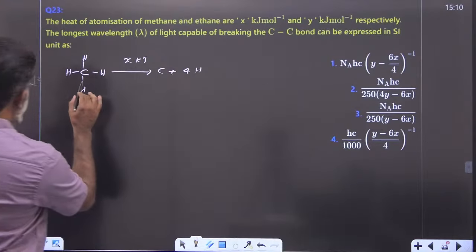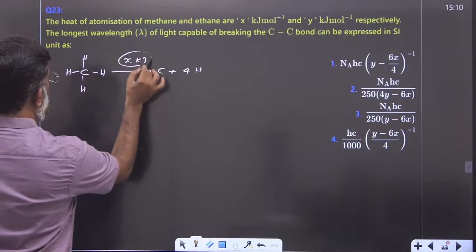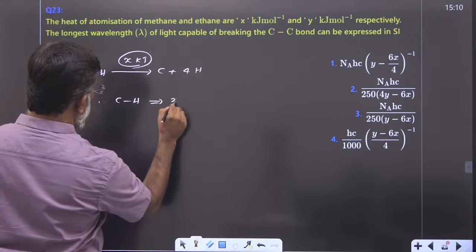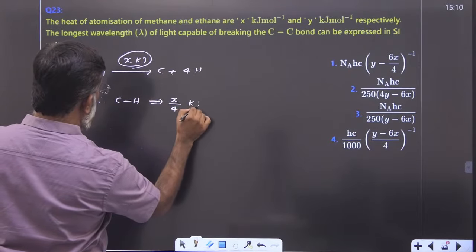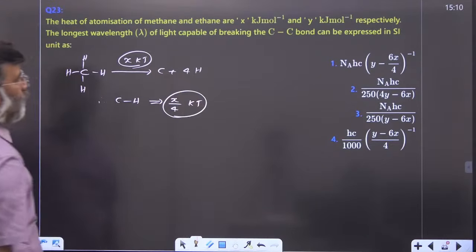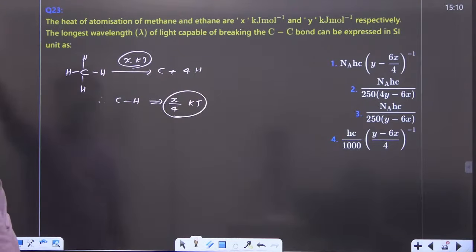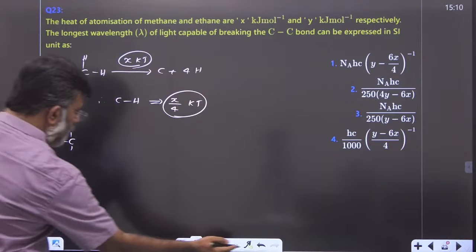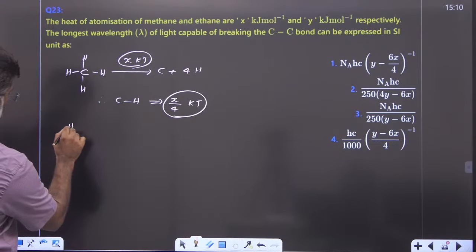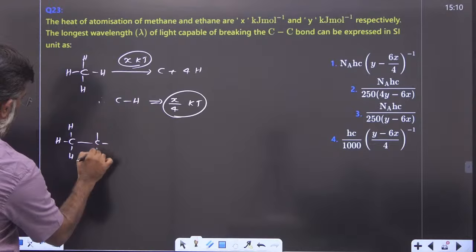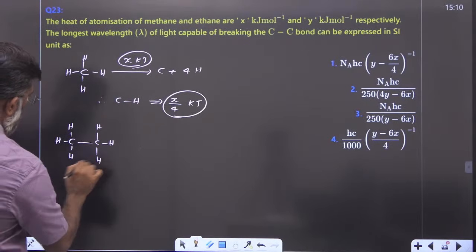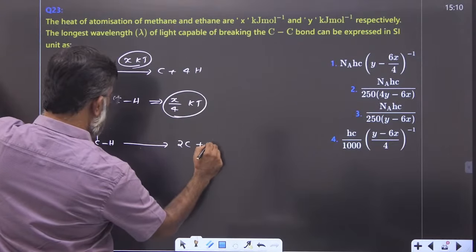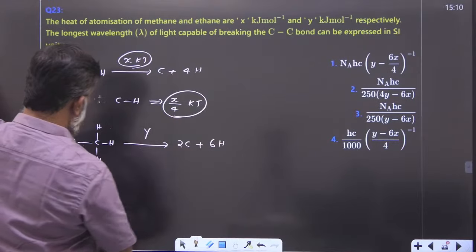So 4 CH bonds are x kilojoule. Therefore, 1 CH bond will be x by 4 kilojoule. Next, ethane. This is ethane converted to 2 carbon and 6 hydrogen. The value is y kilojoule.